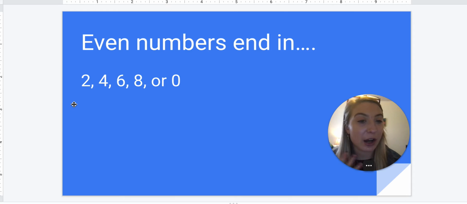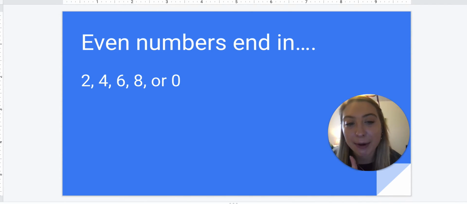So make sure to get out a piece of paper and a pencil and take notes as we go down, especially if you're unfamiliar with even and odd numbers. So remember, if a number ends in 2, 4, 6, 8, or 0, important to remember, ends, it is even. So that's where we look for our ones place. That's the ending of our number.